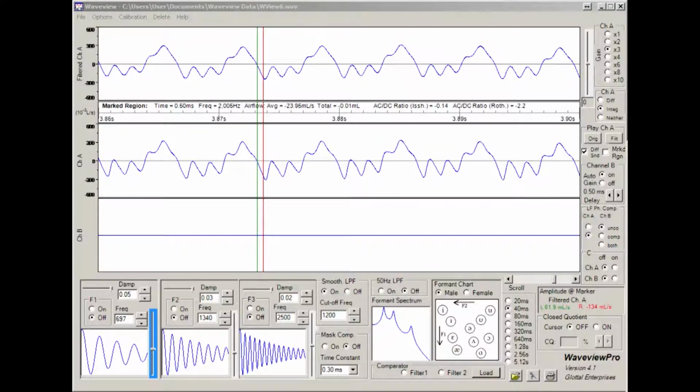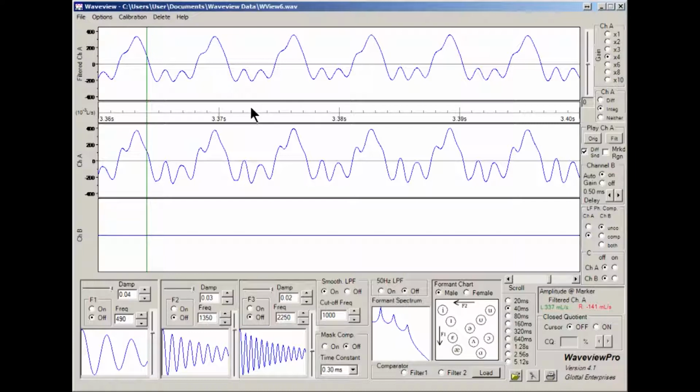Now if I turn off that filter, that puts second and third formant energy in there, but if I turn it on, it removes the second and third and just leaves the first. So now you can see that you have just one formant here.